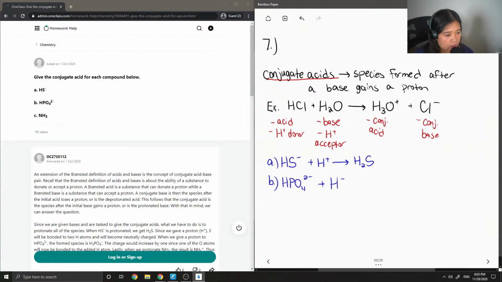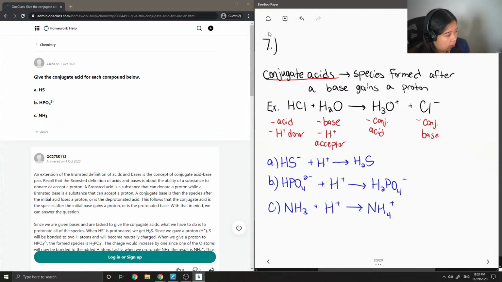When it gains a proton, it becomes H2PO4 and then just minus 1. And then lastly, NH3, when it gains a proton, it becomes NH4 plus.